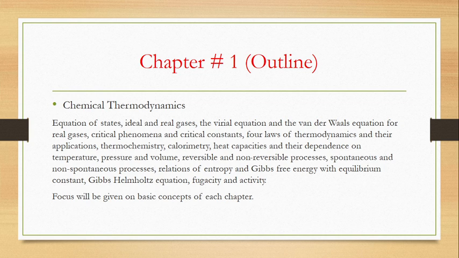We will discuss 4 laws of thermodynamics and their application. We will also discuss thermochemistry, calorimetry, heat capacity and their dependence on temperature, pressure, volume, work, reversible and non-reversible process, spontaneous and non-spontaneous process, relationships of entropy and Gibbs free energy with equilibrium, Gibbs-Helmholtz equation, fugacity and activity.